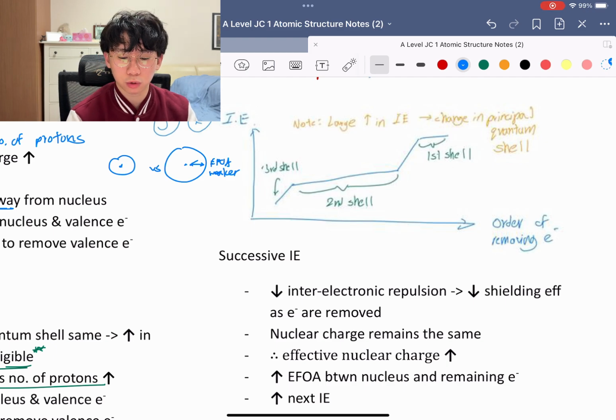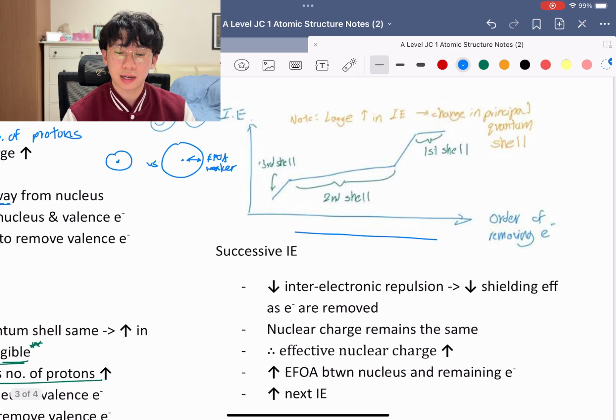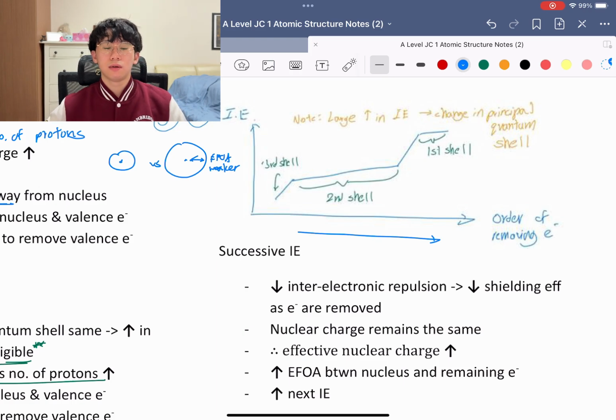So you can see as we go towards the right over here, the energy increases upwards. And this is because of what I mentioned just now, that when I pluck out an electron from an atom, it becomes a positively charged ion, and it becomes harder and harder to yank electrons from this positive ion. So that's trend number one.